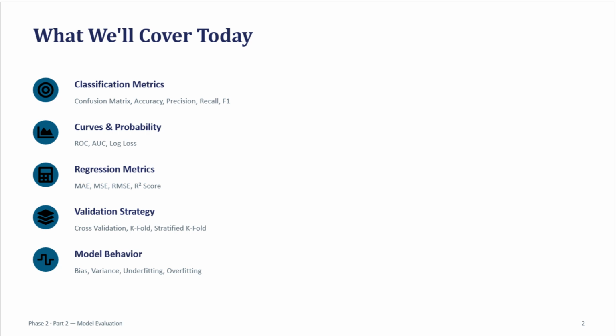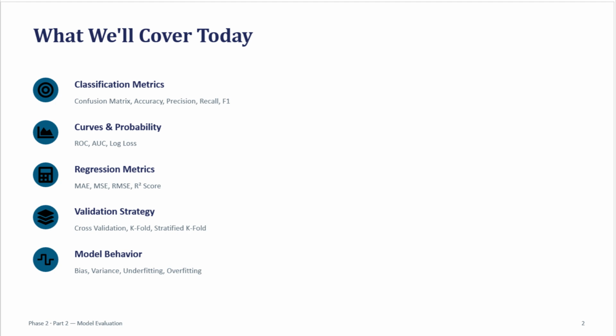We'll start with classification metrics, where we'll learn about accuracy, precision, recall, F1 score, and the confusion matrix. Then we'll move to ROC Curve, AUC, and log loss, which help evaluate probability-based predictions. After that, we'll switch to regression metrics, including MAE, MSE, RMSE, and R-squared score.